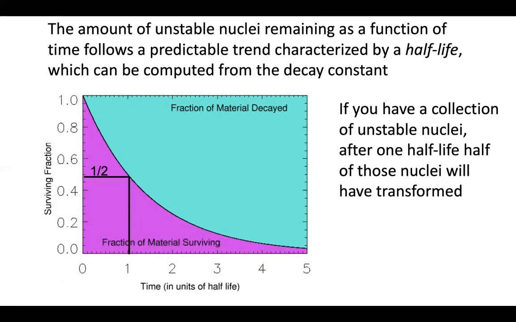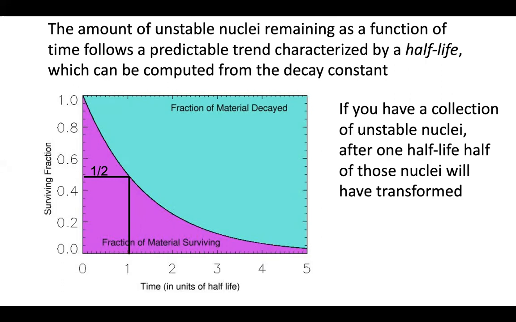Now, here is the critical thing. This curve, its shape is determined pretty much entirely by this one parameter. And so we could take that time and say 1 half-life, 2 half-lives, 3 half-lives, and extend it as far as we want.